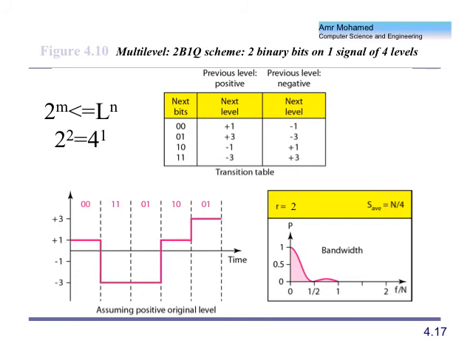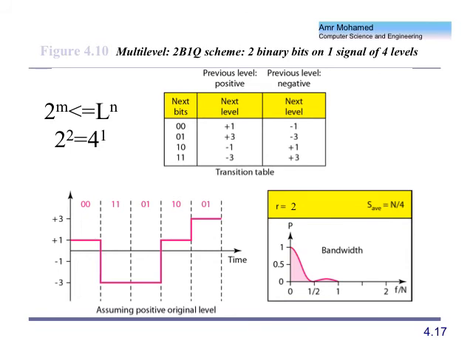Clear? So I will take each 2 bits in the digital data, and I will then map these 2 bits into one signal element with quaternary levels, or 4 different levels.